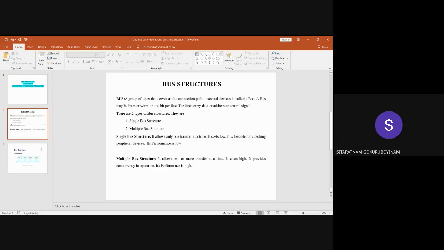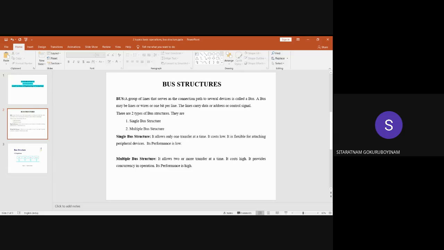So what is the purpose of a bus? A bus is a communication system that transfers data between components inside a computer or between computers.